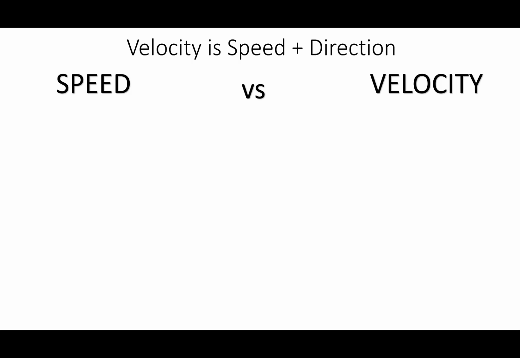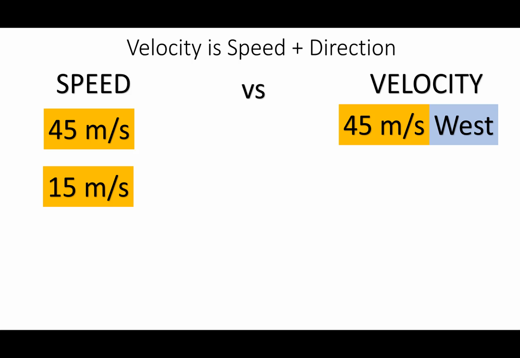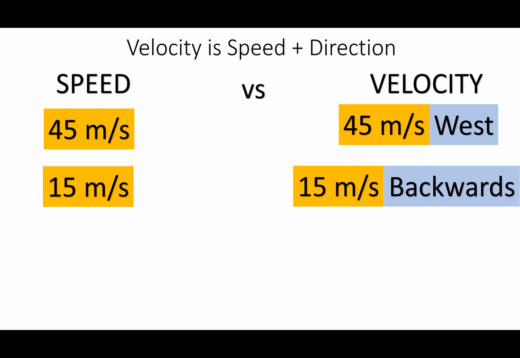Anyway, velocity is speed in a direction. So this is a speed, 45 meters per second. To make it a velocity, I just add a direction, like 45 meters per second west. That's a velocity. 15 meters per second, that's a speed. A velocity version of this would be 15 meters per second backwards.